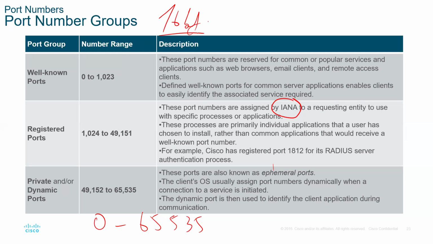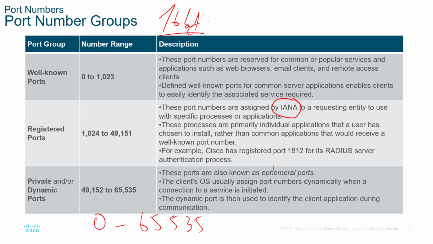We have what we call the well-known ports, 0 to 1023. These are reserved for the common or popular services and applications such as web browsers, email clients, remote access clients. Defined well-known ports for common server applications enable clients to easily identify the associated services required.